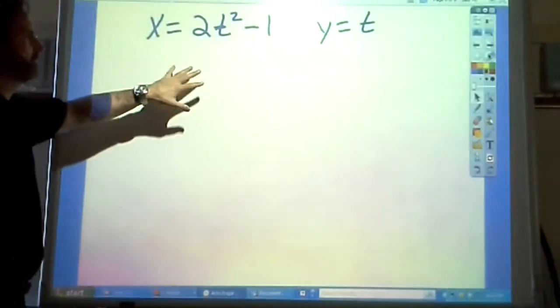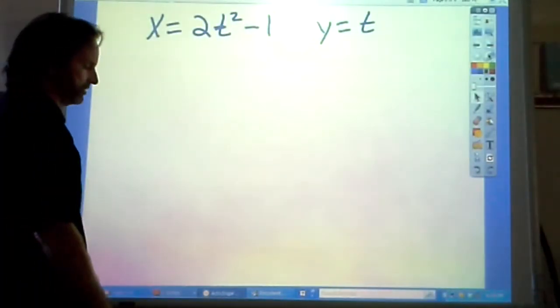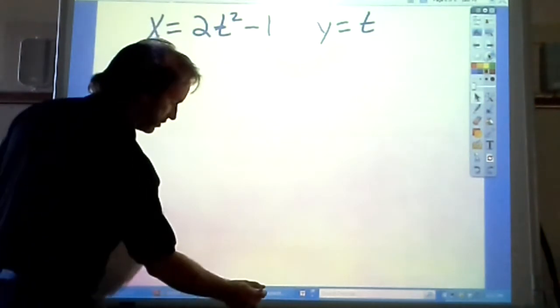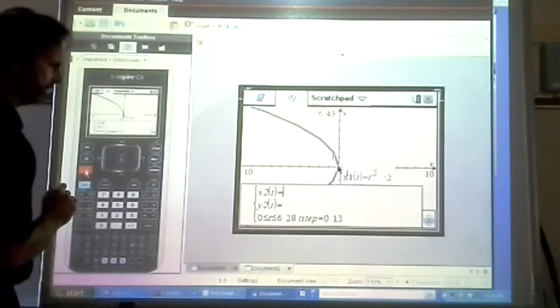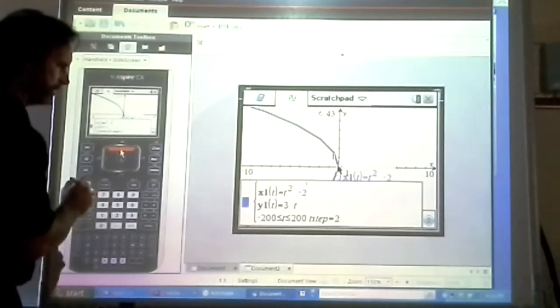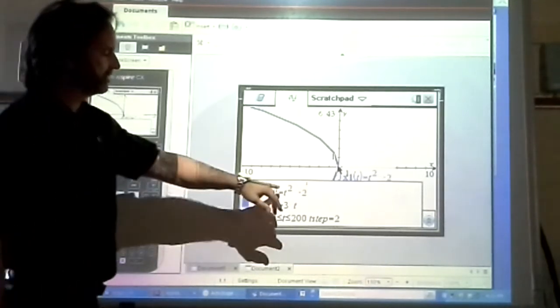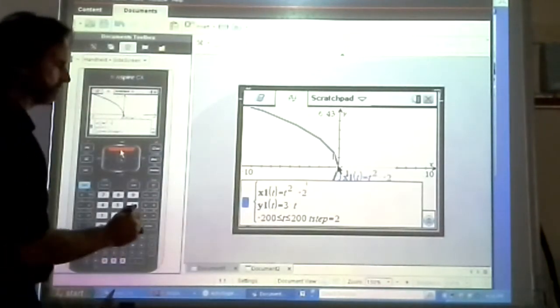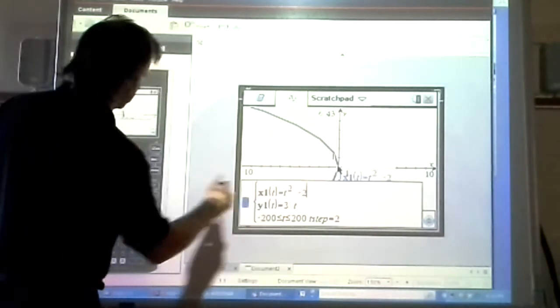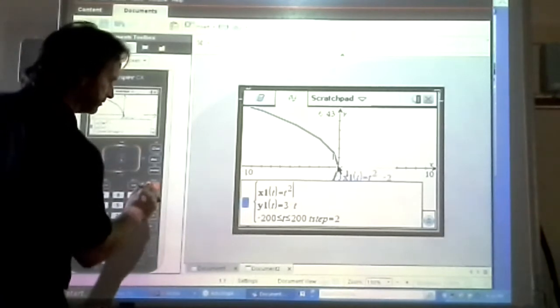So that's me graphing it parametrically. So it's a horizontal parabola. Here's another equation. Let's graph it parametrically. Let's go back to this. I'm going to change this to 2t squared minus 1. I think I messed up there.